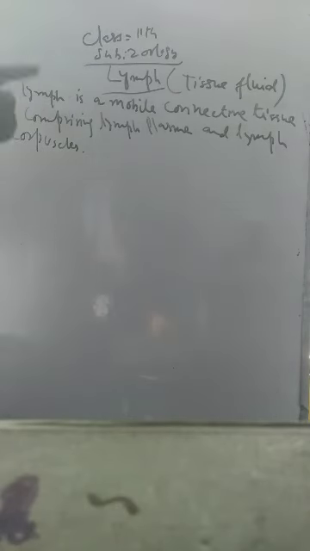Lymph plasma means fluid, so it is a tissue fluid, and lymph corpuscles are lymph cells.